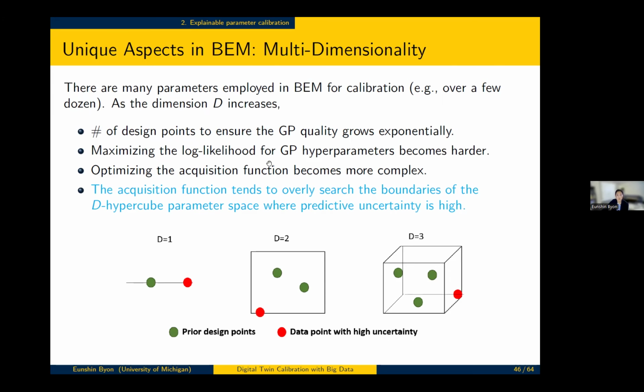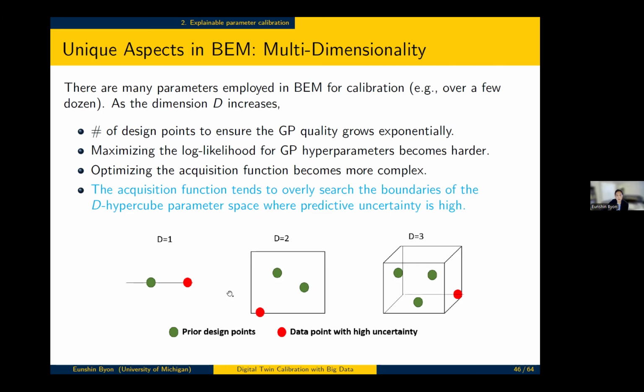So these first 3 bullet points are well-known challenges in high-dimensional BO, but we also find another interesting problem. The acquisition function in BO has to search the boundaries of the parameter space in the early iterations, because at these boundary points, uncertainty is high.